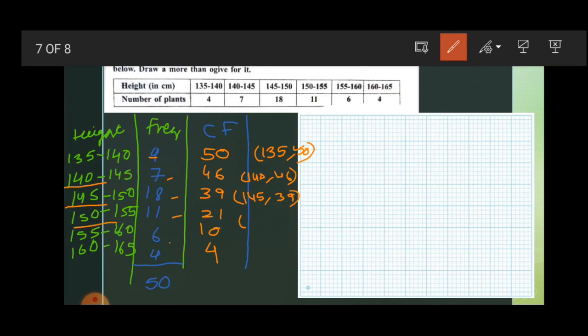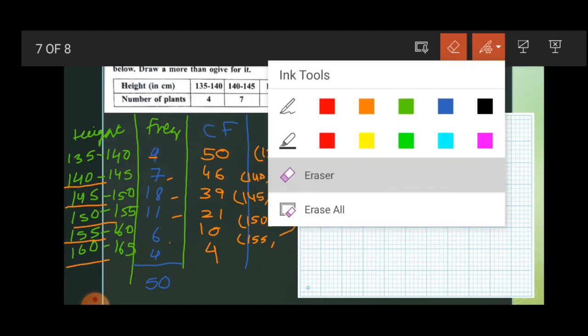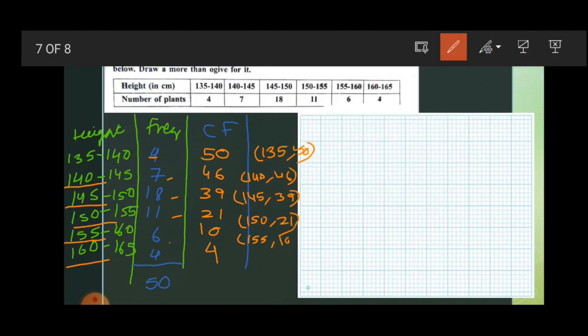Lower limit is 150, cumulative frequency is 21. Lower limit is 155, cumulative frequency is 10. Lower limit is 160, cumulative frequency is 4.